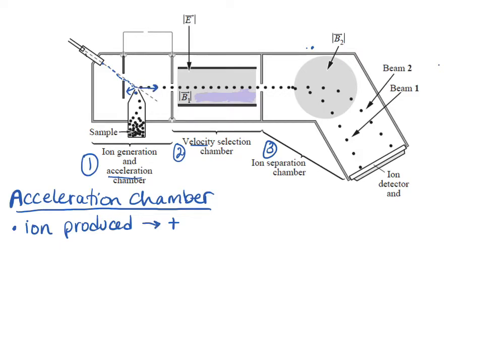The reason being is because we're going to set up these parallel plates to have different charges. All right, so we're going to strip the electrons to produce the ion. And then, of course, our electrons are attracted to the positive plate.